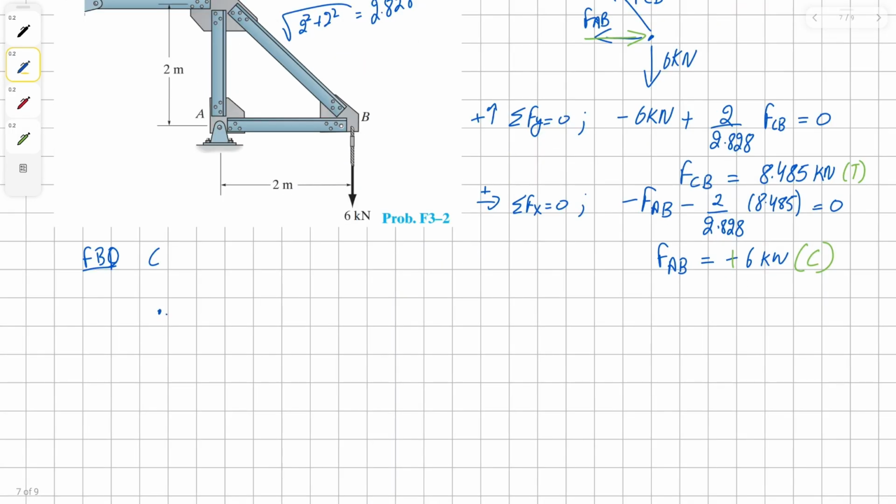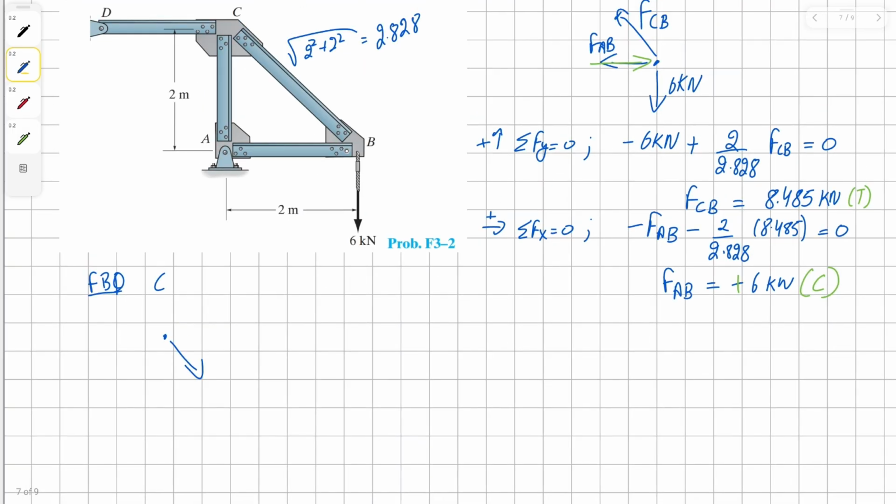Now let's get the forces in joint C. At joint C we have force from member CB, which is 8.485 kilonewton. Then we have horizontal reaction at member DC, and we have a vertical reaction at member CA. Let's sum the forces in y direction.